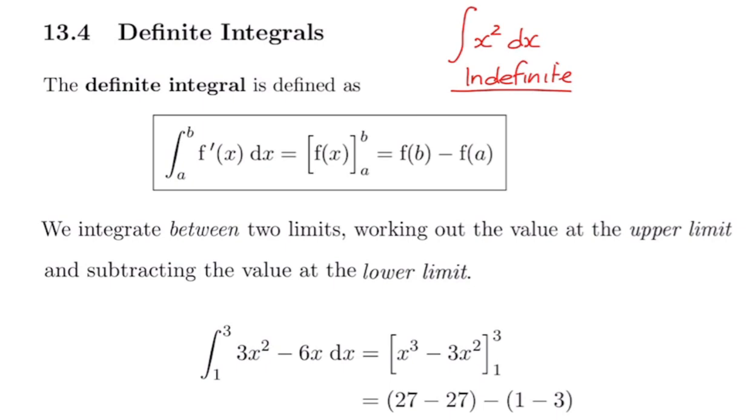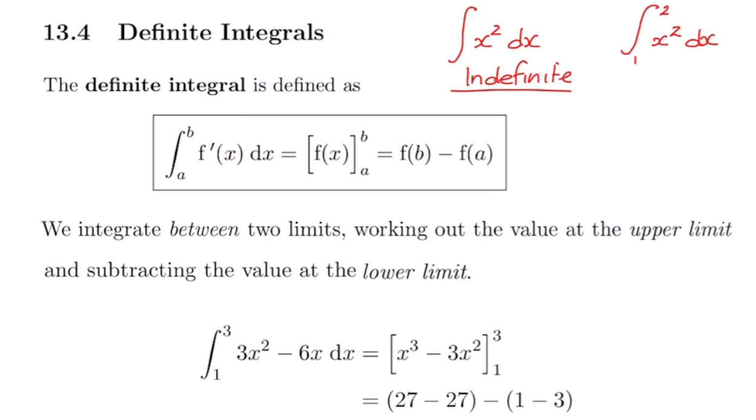A definite integral, the only difference is we have what are called limits, and it could be two numbers. Usually the top limit is bigger than the bottom, but I do say usually because there are situations where that is not the case, especially when we get to upper six and we apply some techniques. But usually the top limit is bigger than the bottom limit.